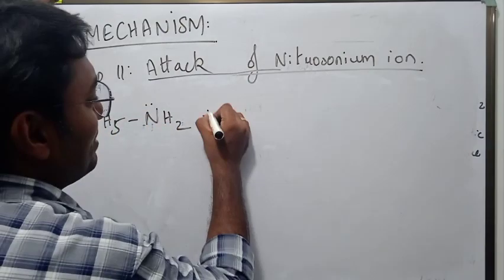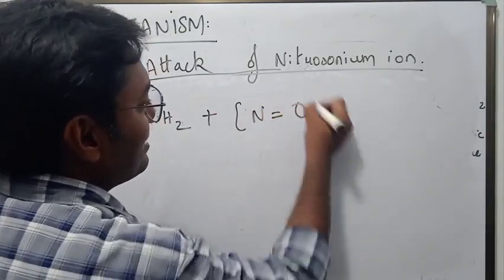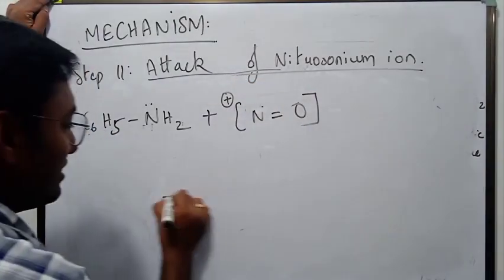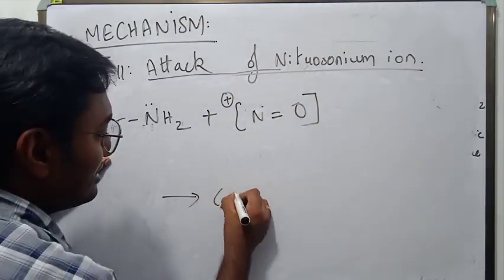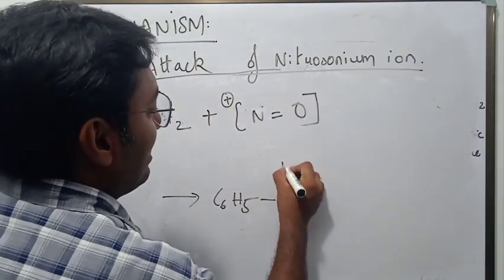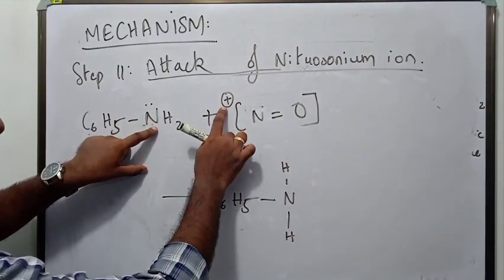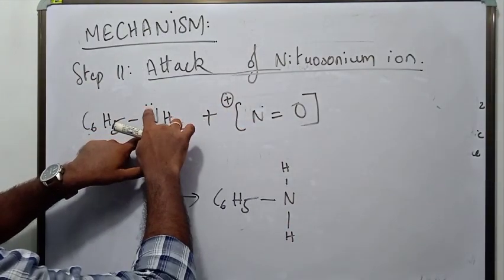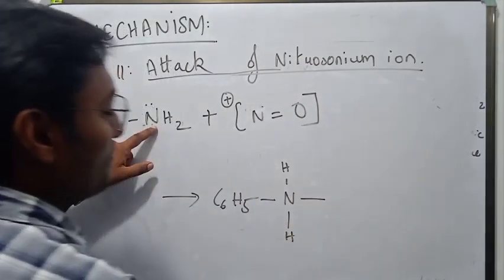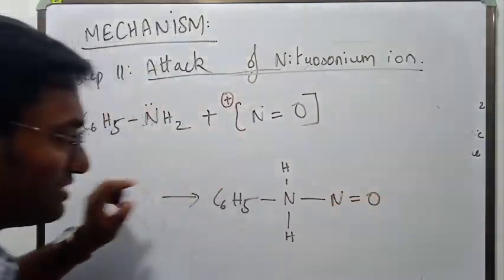Okay. Let me take the nitrosonium ion and react it. What would happen? C6H5 N. Let me put H like this. This nitrosonium ion would take the lone pair of electrons from this nitrogen. So the lone pair has been taken and nitrosonium ion gets fixed here.